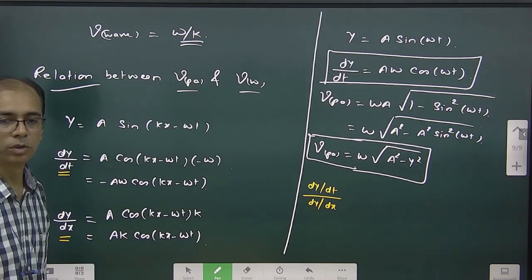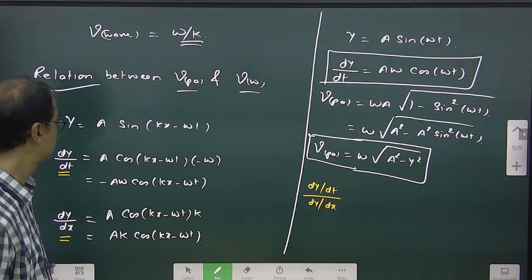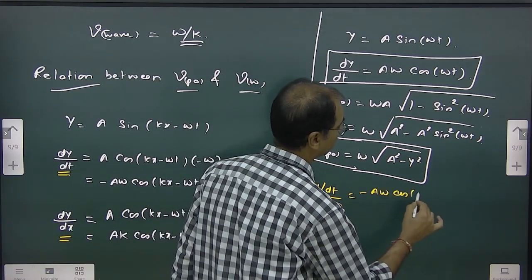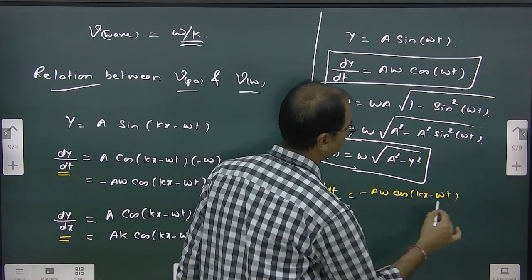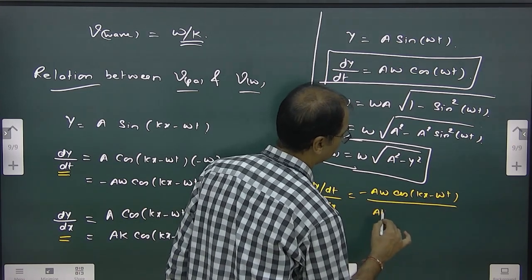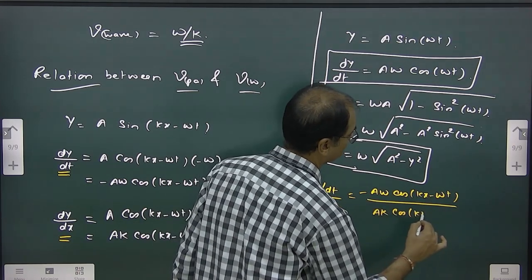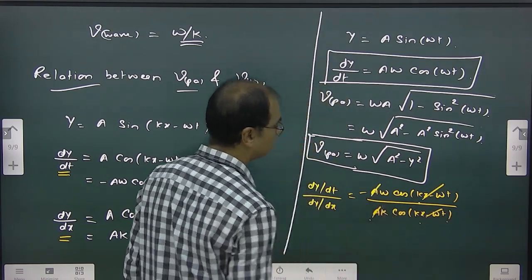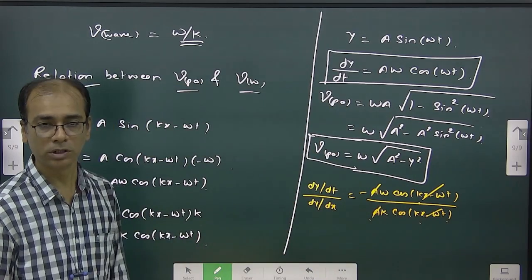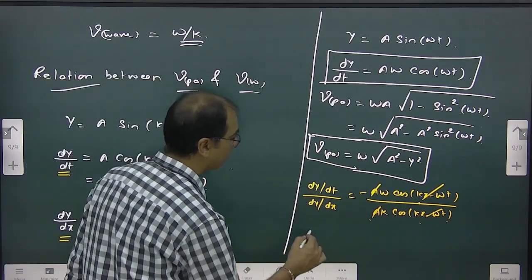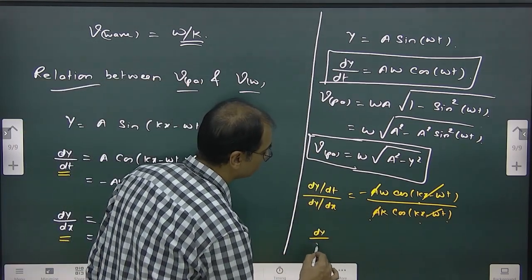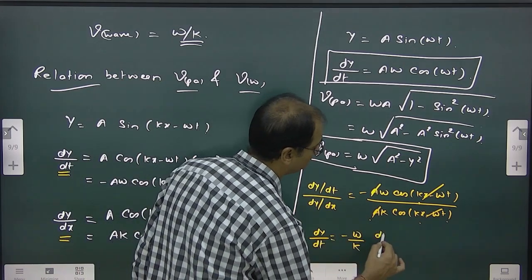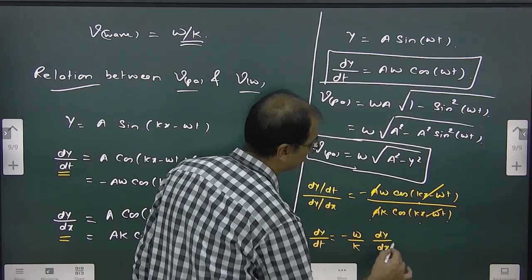Let's see what comes: minus a omega cos of kx minus omega t by ak cos of kx minus omega t. This and this cancel, a and a cancel. Omega by k is what? Velocity of wave, right? So dy by dt equals minus omega by k into dy by dx.